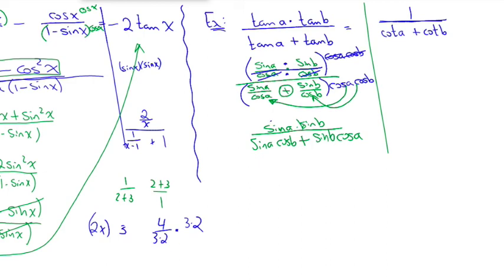So your goal here is, I need this thing to equal 1. I don't have it, so the only way I can force that thing to equal 1 is to divide by that.